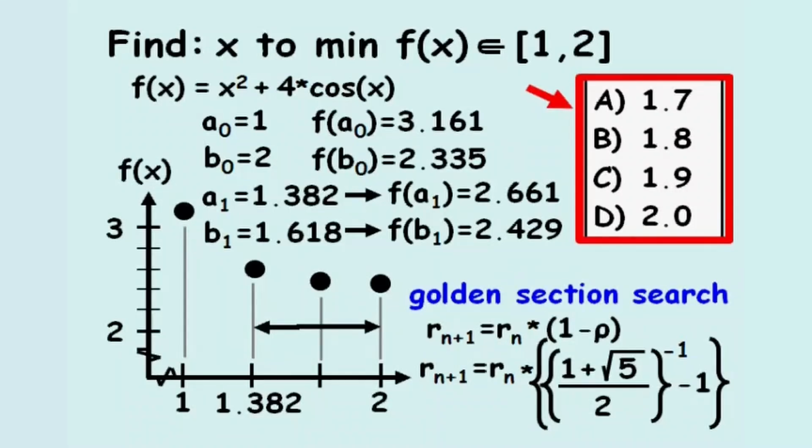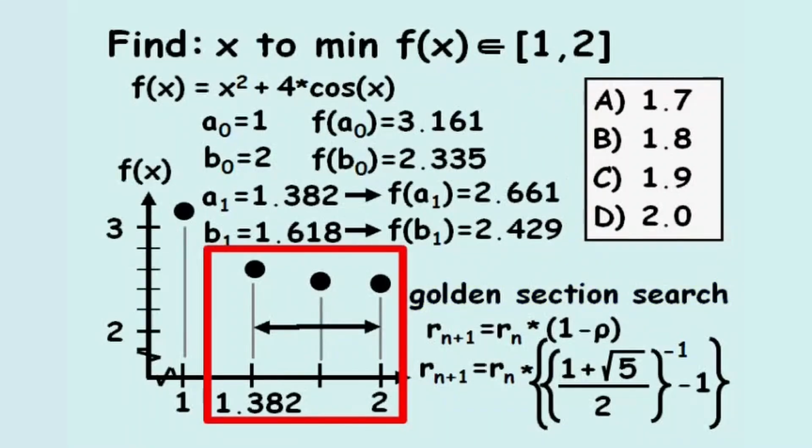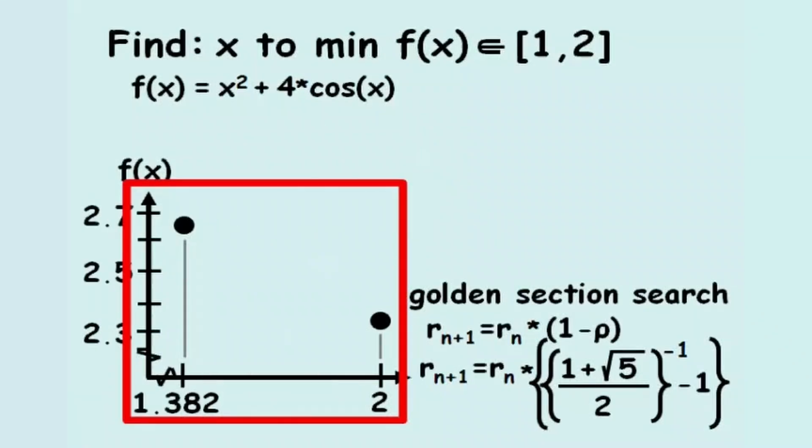To begin the second iteration, we'll first adjust the range of the graph to include values from x equals 1.382 to x equals 2. Next, we'll assign a1 to be 1.382 as it was before, and we'll set b1 to equal the upper bound, 2.